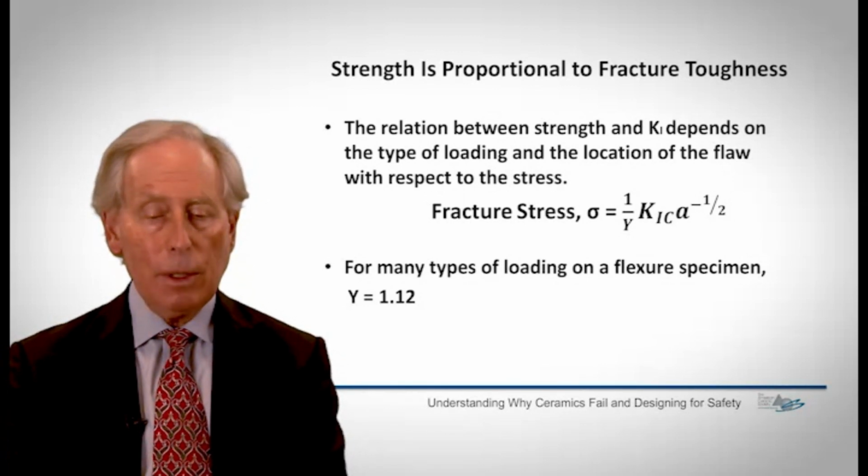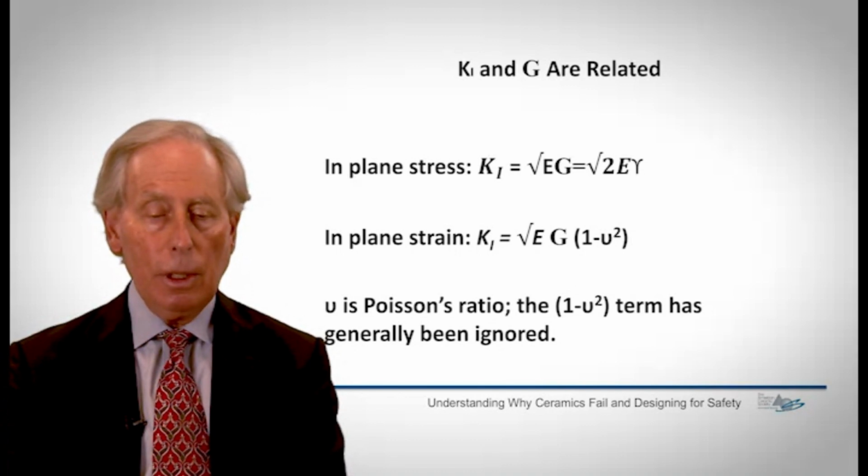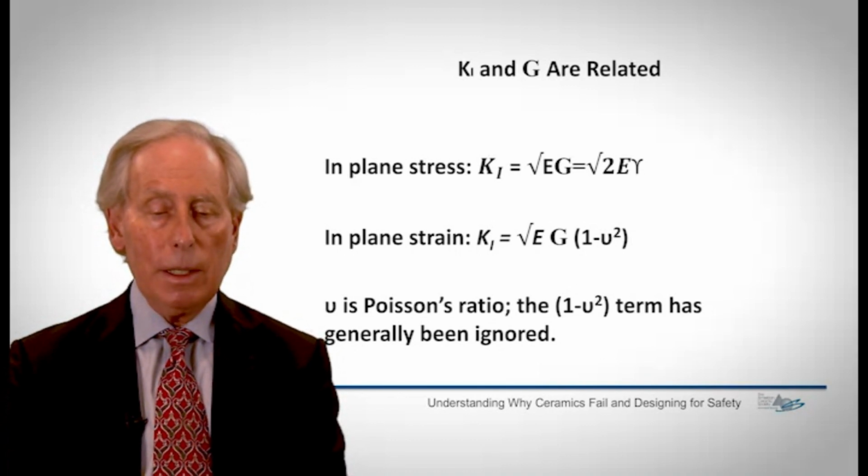And for many types of loading on a flexure specimen, although it can change if you load it differently, this factor is about 1.12. Now, traditionally in fracture mechanics literature, there are two kinds of stress intensity factors.